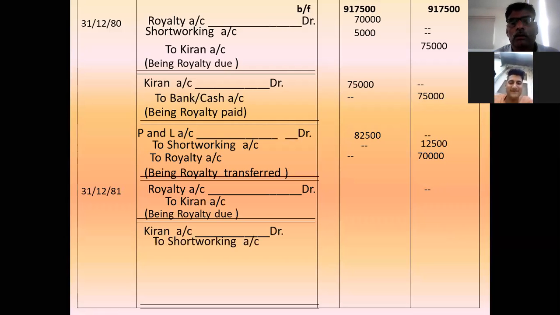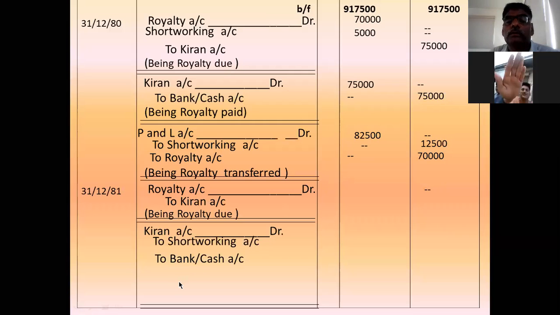Second entry, Kiran account debtor to short working account. Recovery is there. So we write the recovery to Kiran account. To bank account. The last entry is P&L account debtor to royalty. Fill the amount, you will get the answer.